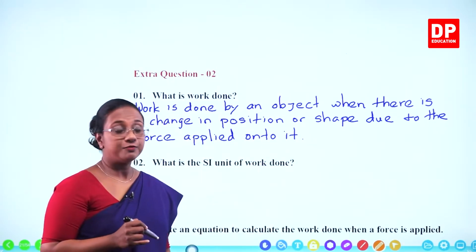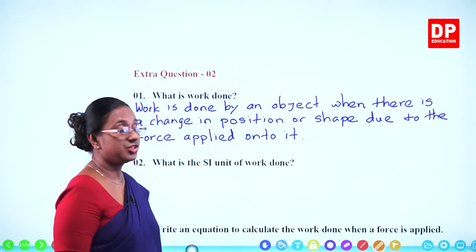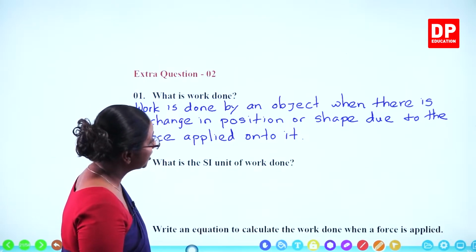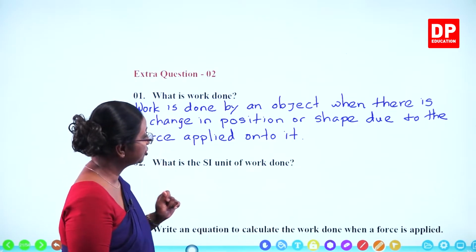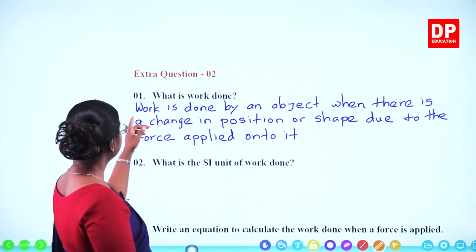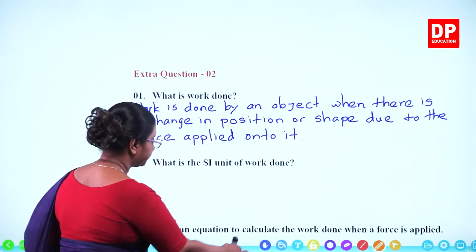So, when you apply a force, if the shape changes or position changes, we say that there is work done. So, work is done by an object when there is a change in position or shape due to the force applied onto it. So, that is what is work done.